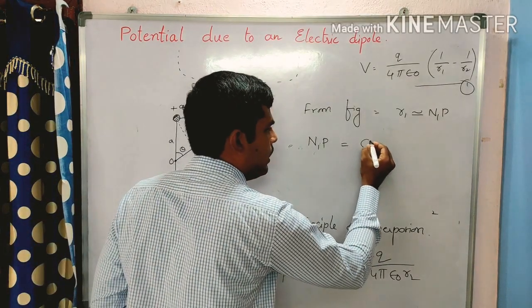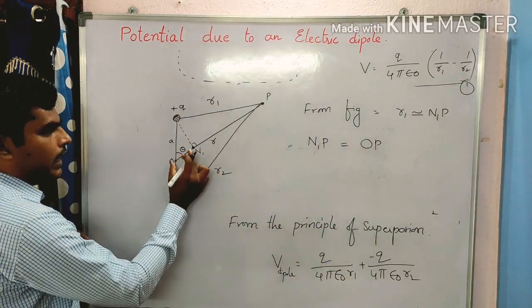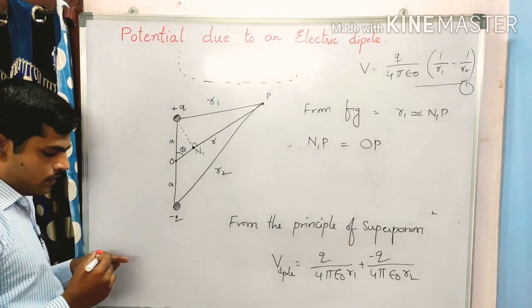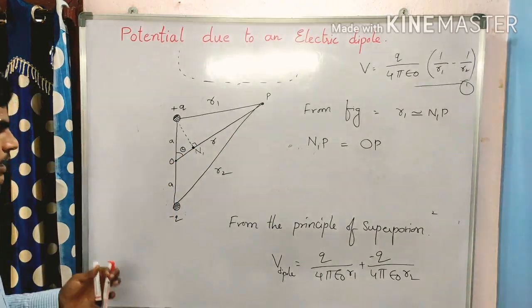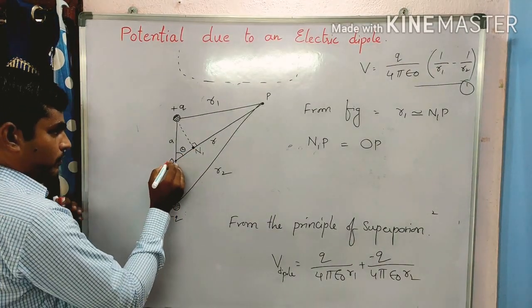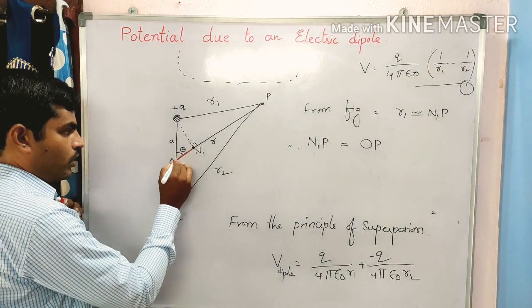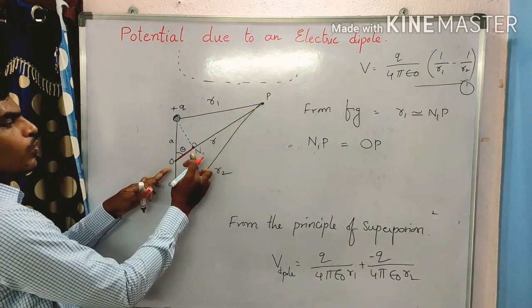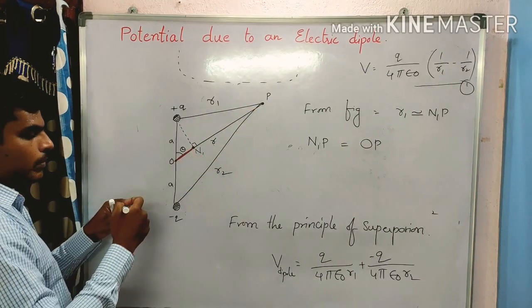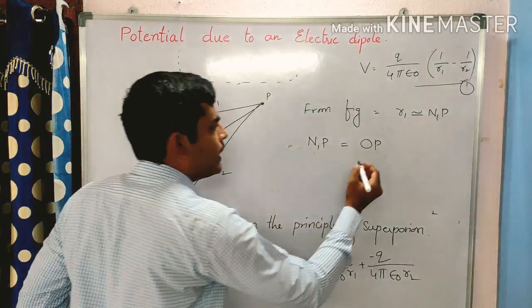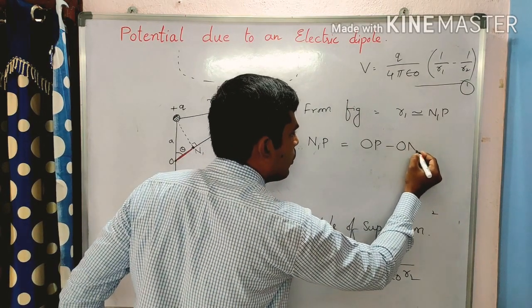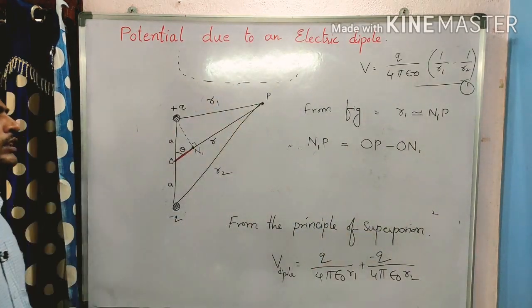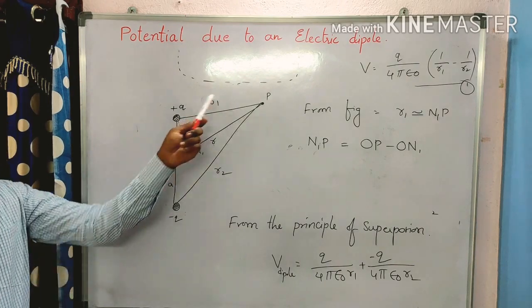This is OP, and this value I have to subtract. I think you are observing it. From this OP, ON1 I have to remove. So N1P I am writing as OP minus ON1.